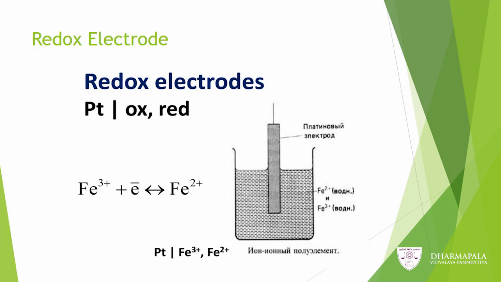Next type of electrodes, the redox electrode. Both oxidized and reduced species must be present in the solution when defining a particular redox electrode. A platinum wire can be used to establish the electrical connection with the external circuit. Here you can see the Fe2+, Fe3+ redox electrode system.